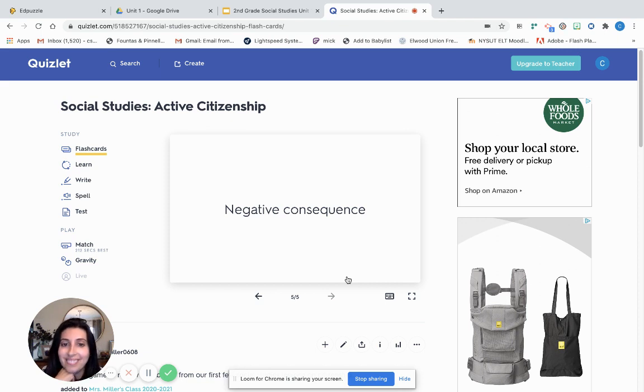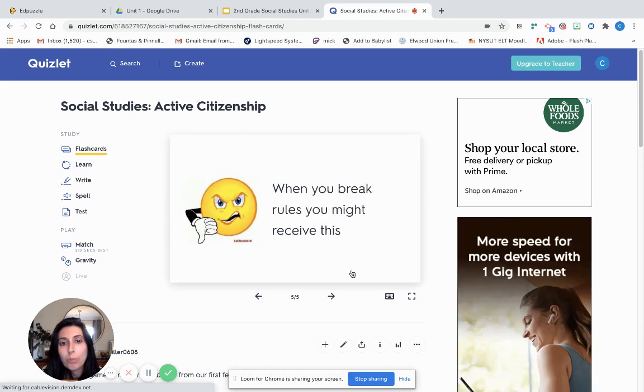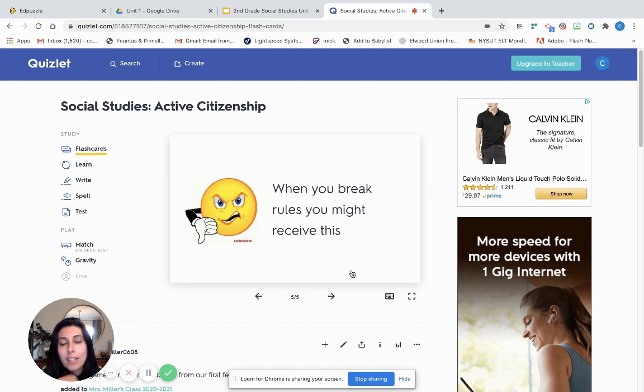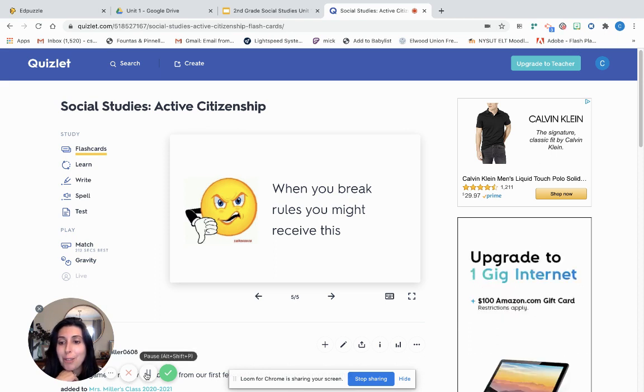Time's up. Let's see, what does a negative consequence mean? When you break the rules, you might receive this. So it's something you might receive if you break the rules. Excellent job with those vocabulary games, everybody.